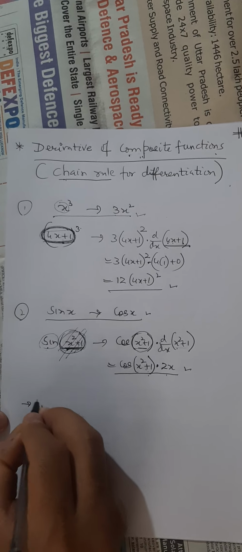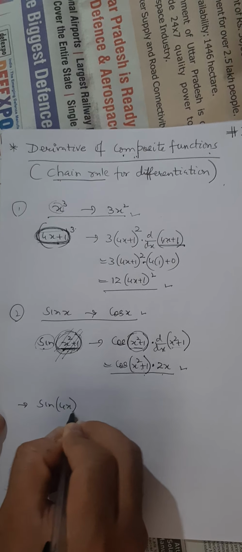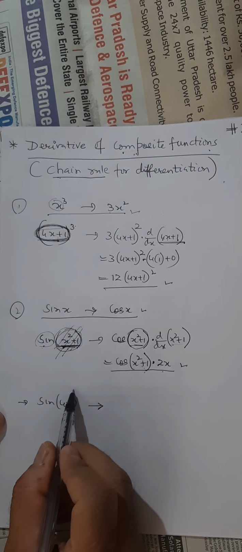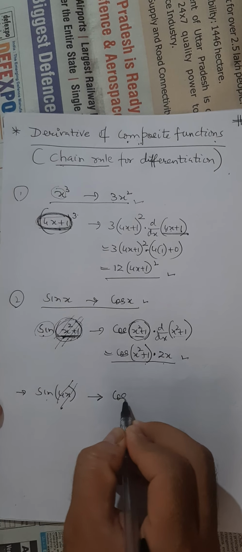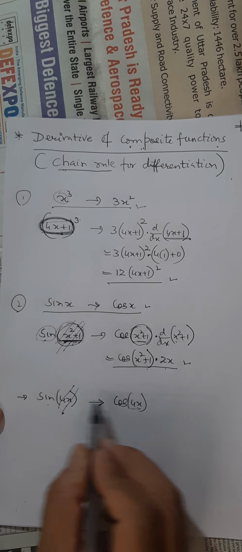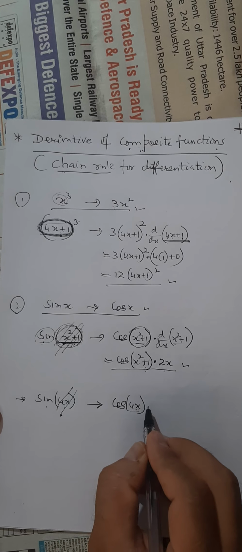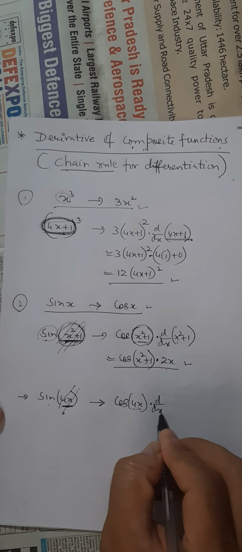One more, I may have sine of 4x. So how will we do here? You imagine this as x. What's the derivative of sine x? cos x. We are not going to write x, remember. We are going to copy that function only into derivative of that considered function, that is d by dx of 4x.